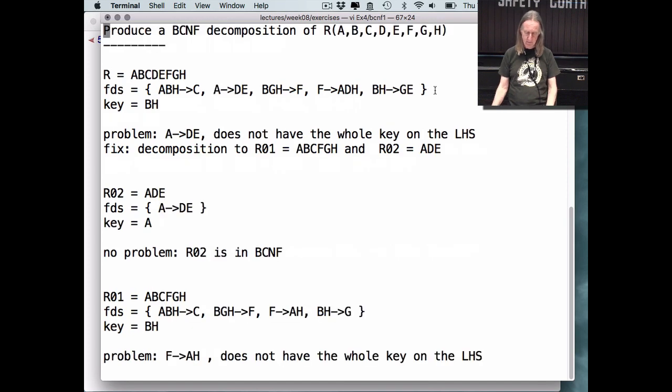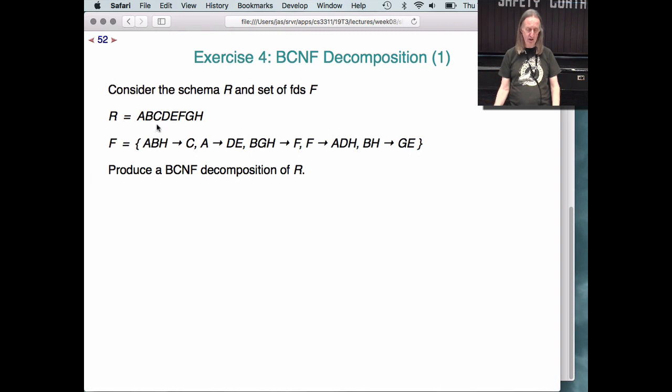Alright, so that's an example of using the BCNF decomposition algorithm to produce three tables, each of which is in BCNF, therefore making the entire schema in BCNF. So this was the original schema, was just a single table R that had all of the attributes in it and all of these functional dependencies.